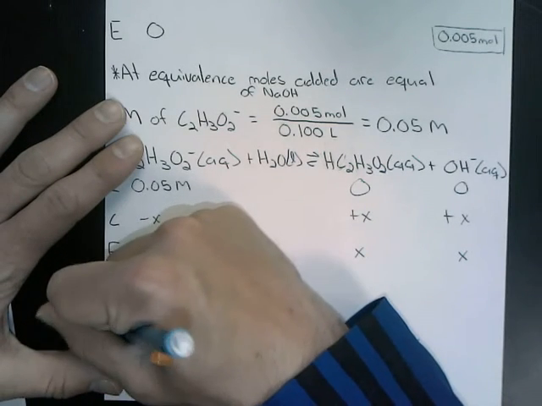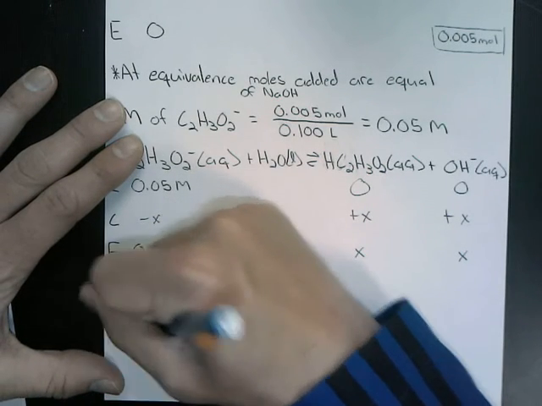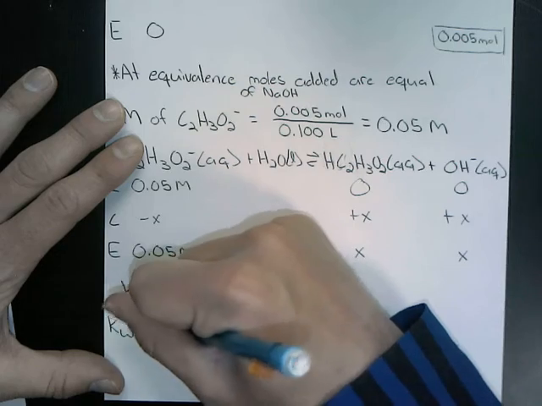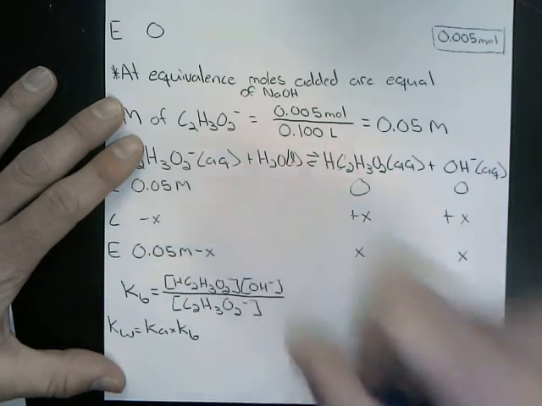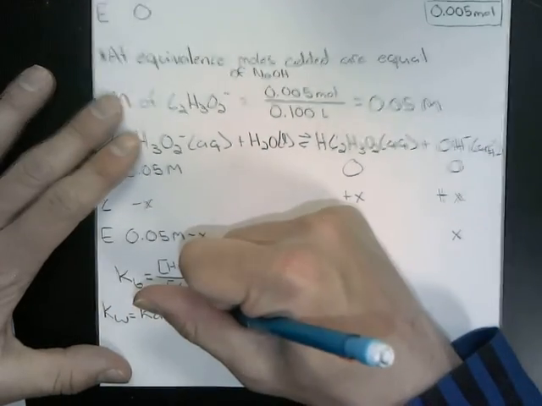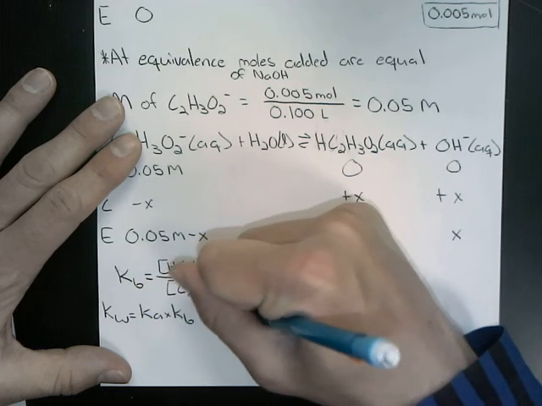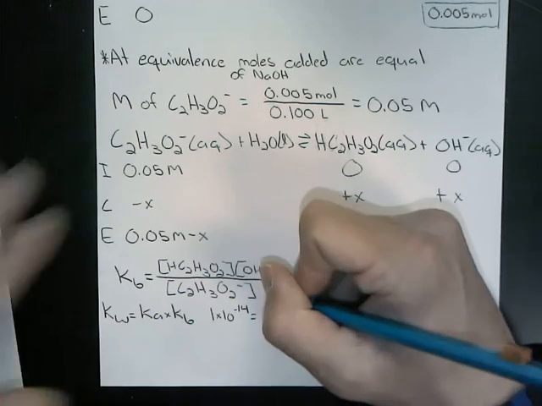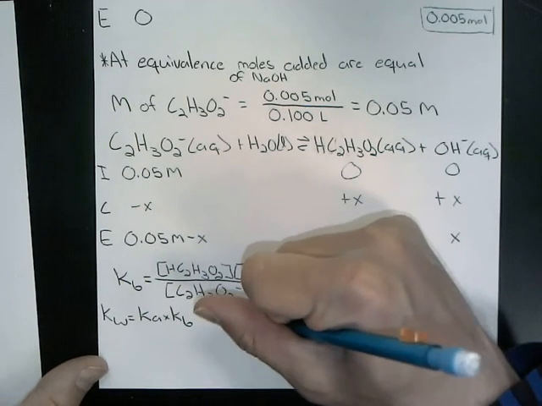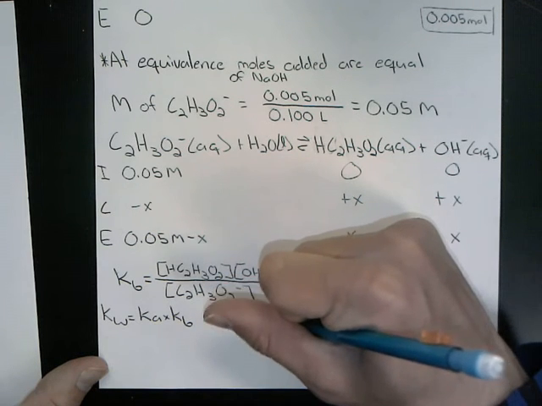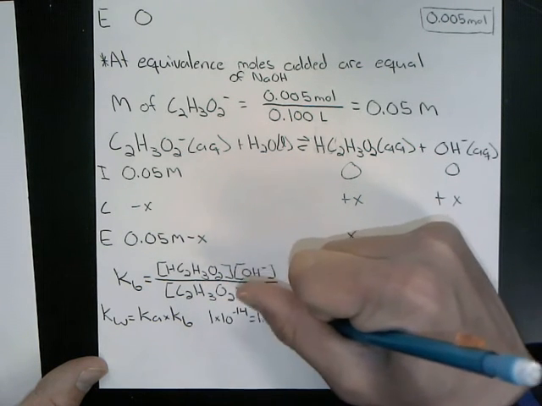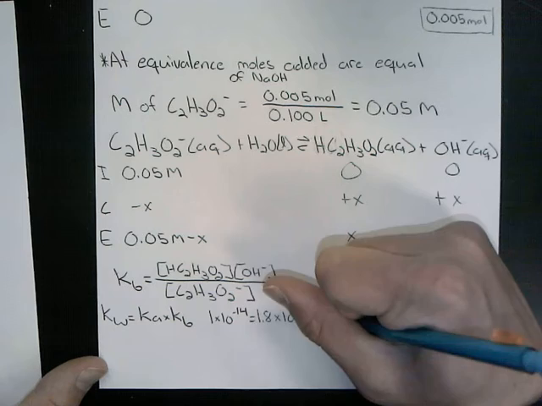So Kw equals Ka times Kb. Our Kw, remember, is 1 times 10 to the negative 14th, equal to our Ka, which is given in that chart at 1.8 times 10 to the negative 5th, times your Kb.